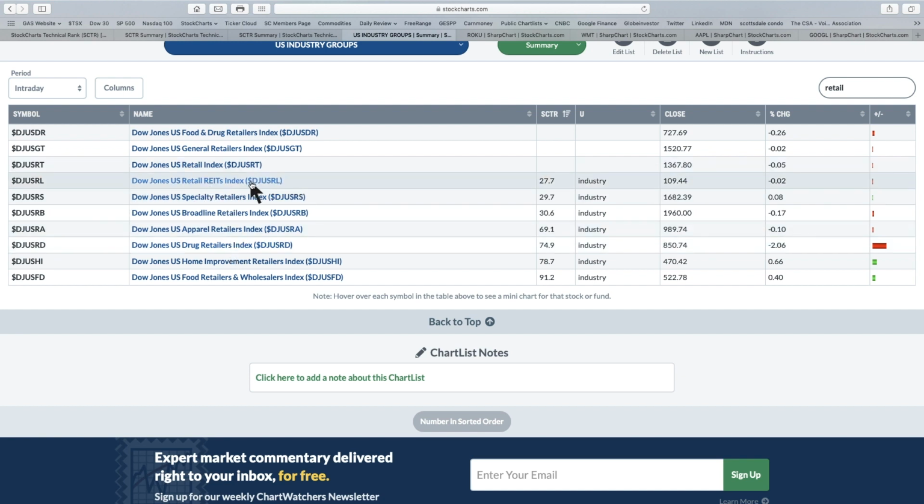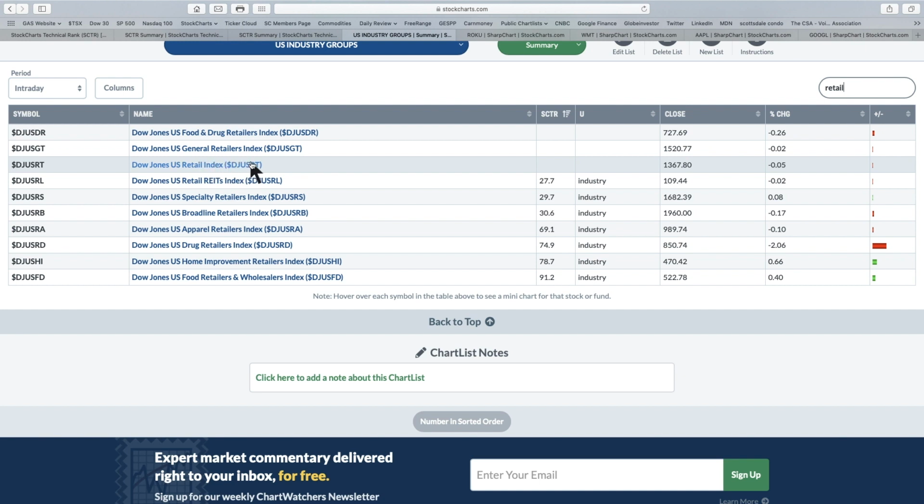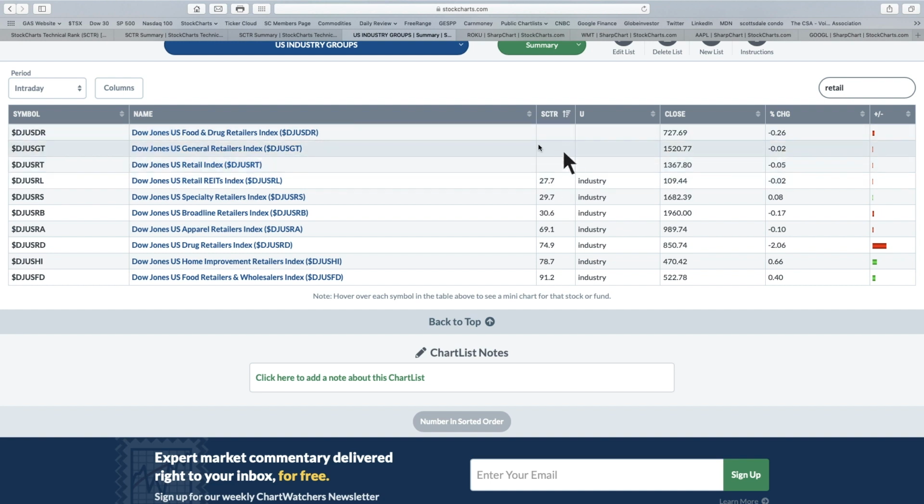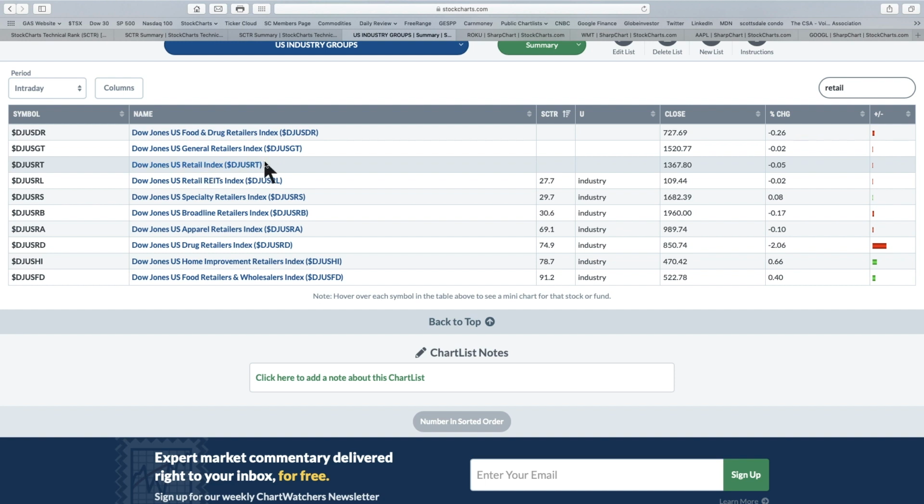So this big one, this retail index, doesn't get an SCTR ranking, but all of these other ones will get an SCTR ranking. So if you're at such a high level, then you're not going to get the specific SCTR ranking. When you go to some of these indexes, they might not have it, but the reason is because we've taken the broad retail and sorted it out into these different groups. Okay, so hopefully that helps you understand why sometimes you might have an index that still doesn't show an SCTR ranking.